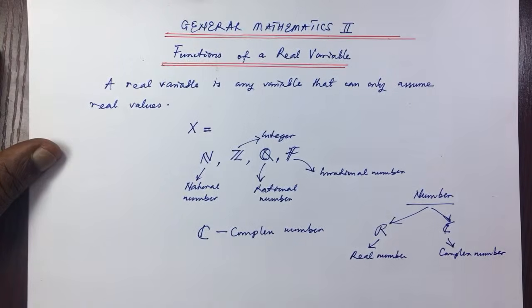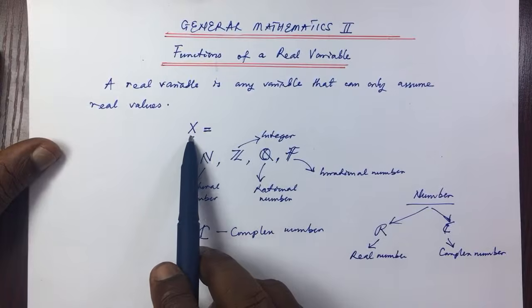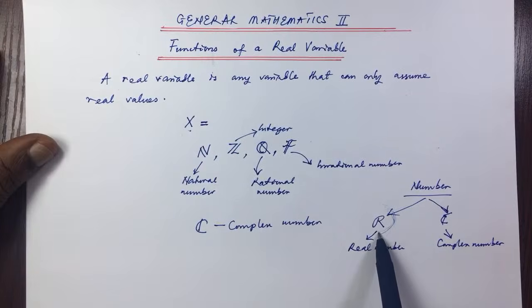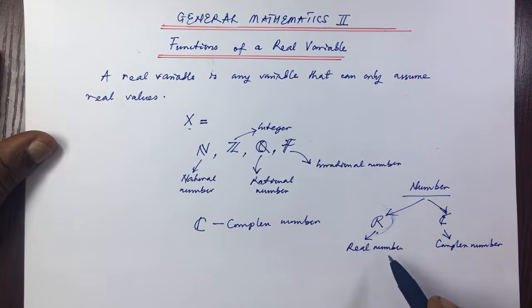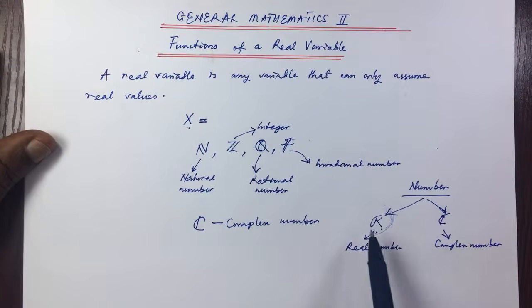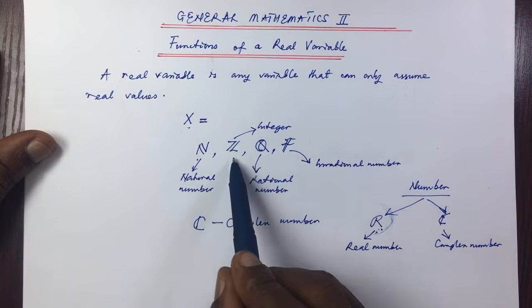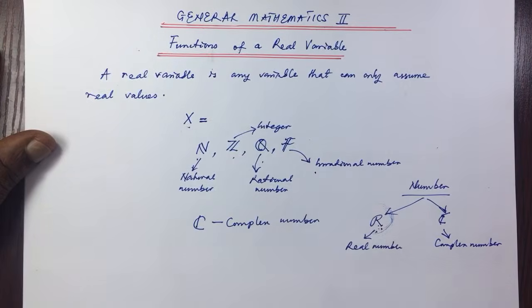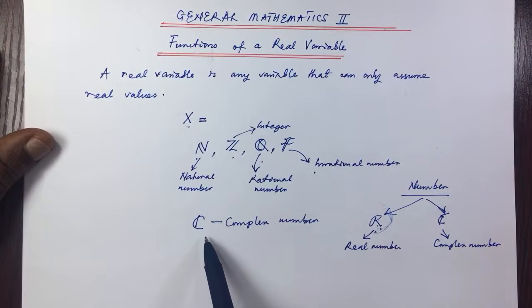So, if x is a real variable, then it means it can only assume values that are found in R. Okay? Now, once something is called a real number, it means it could be a natural number. Once something is called a real number, there is the possibility that a real number could be an integer. Once something is defined to be a real number, it could be a rational number, or it could even be an irrational number. But on no occasion can it ever be a complex number.